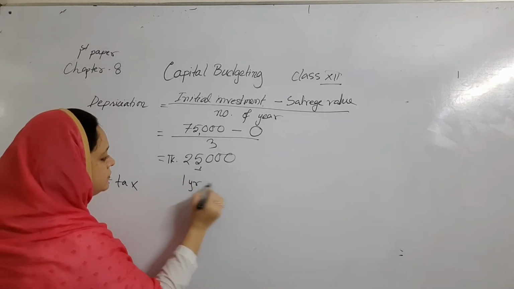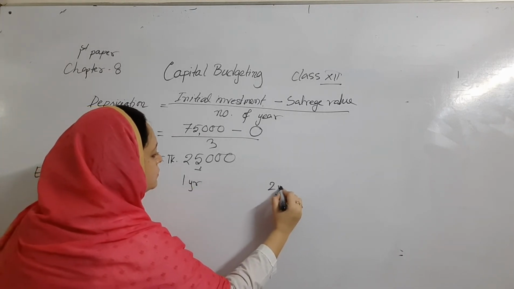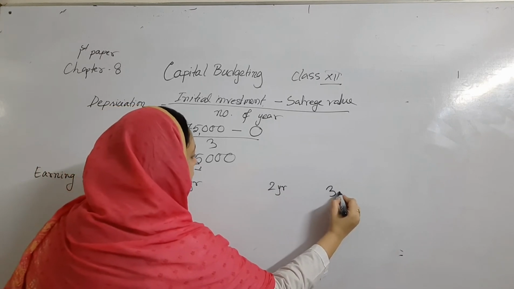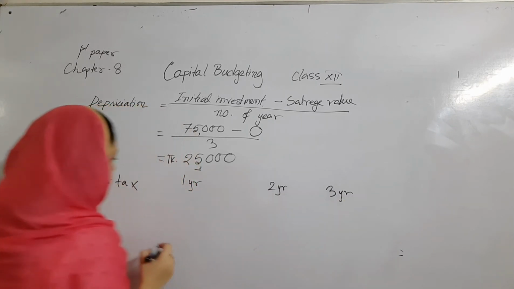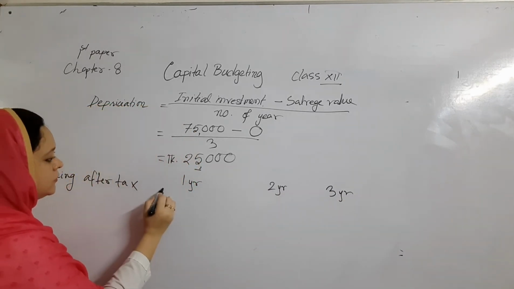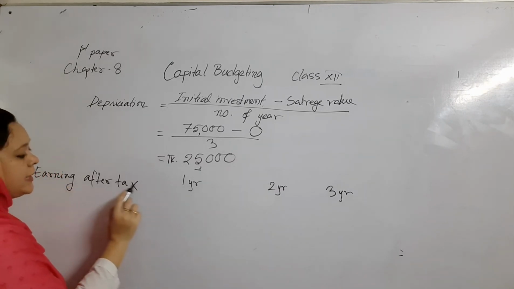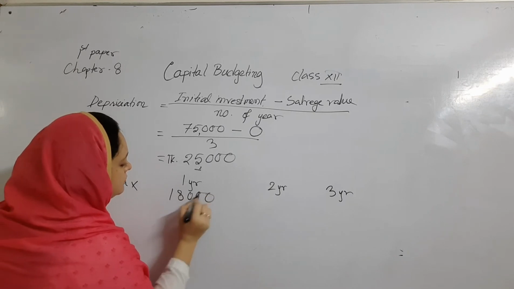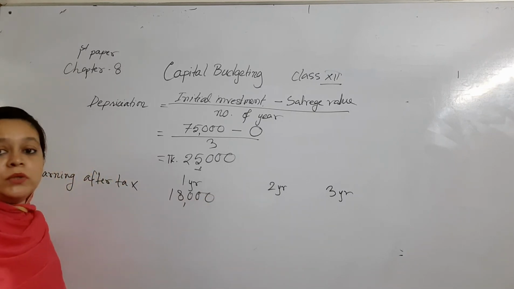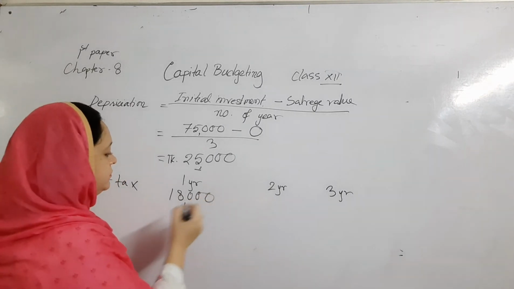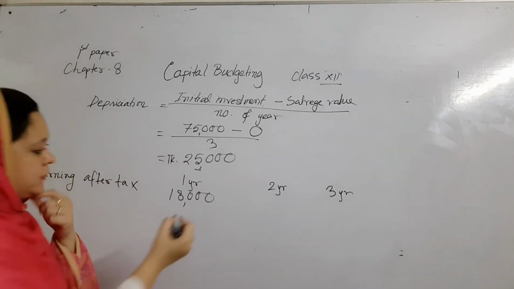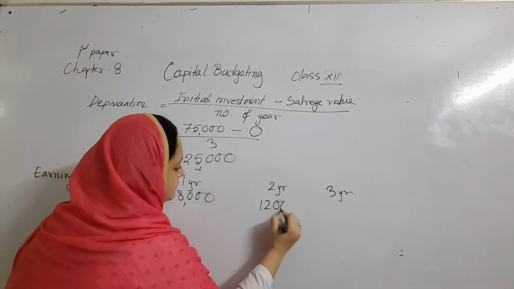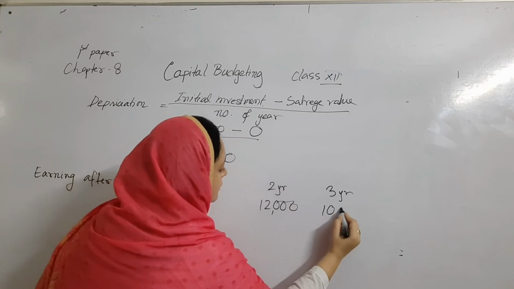Year 1, year 2 and year 3. The earning after tax are 18,000 first, then 12,000, last one 10,000.